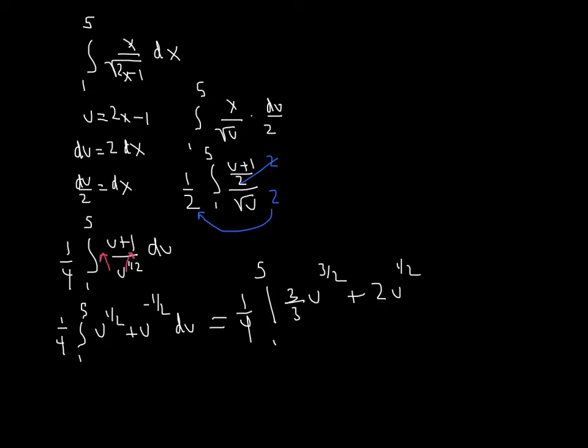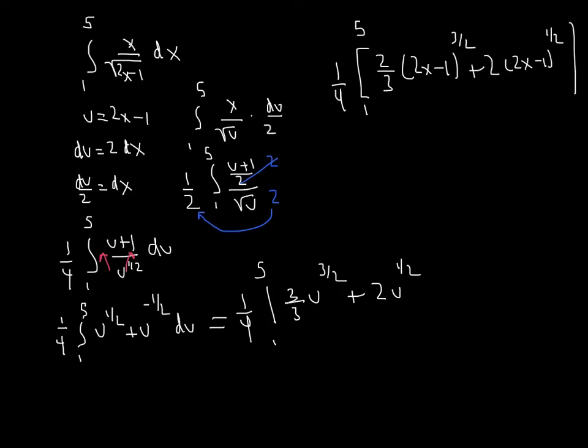Then I'm going to plug u back in as 2x minus 1, so this is going to be 1/4, with a bracket from 1 to 5, of 2/3 times 2x minus 1 to the 3/2 plus 2 times 2x minus 1 to the 1/2.